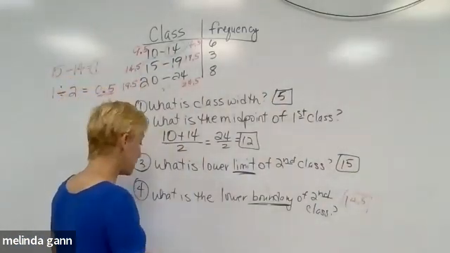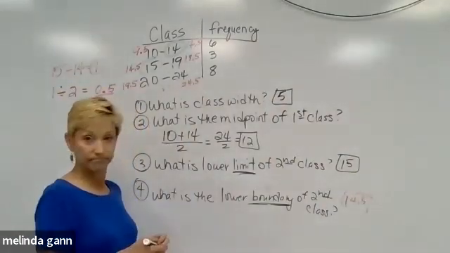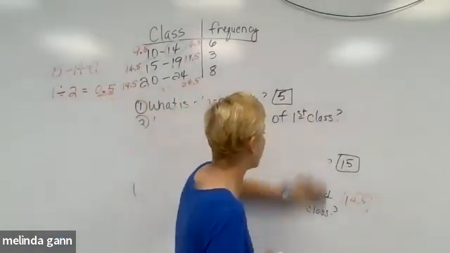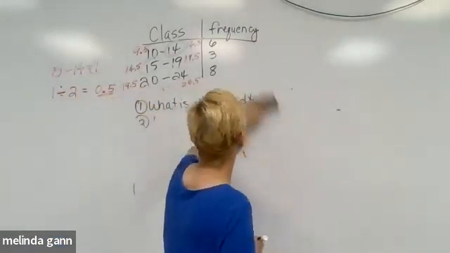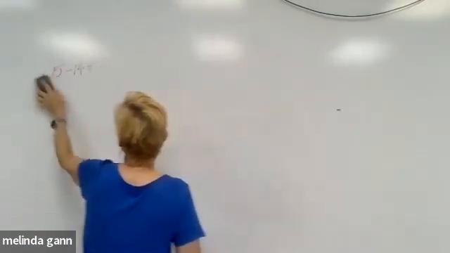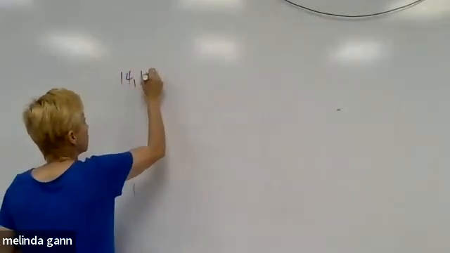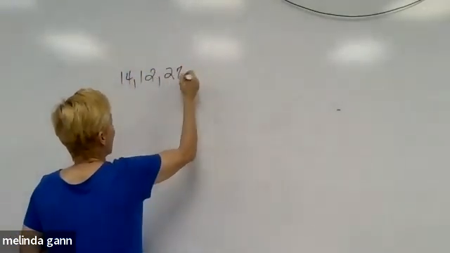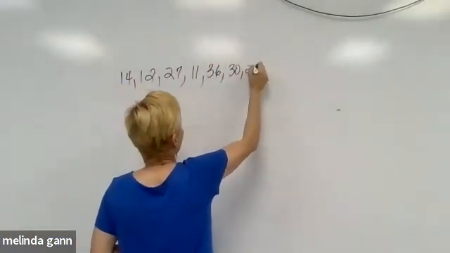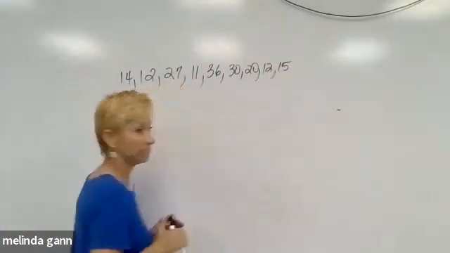Now, the other thing you've got to be able to do is make me a table. Okay. So if I gave you something like just a list of data. All right. So if I gave you something like 14, 12, 27, 11, 36, 30, 20, 12, 15.